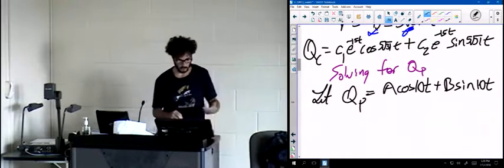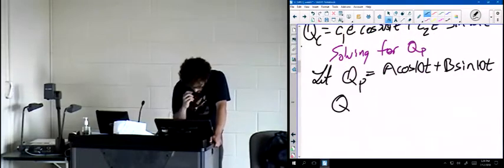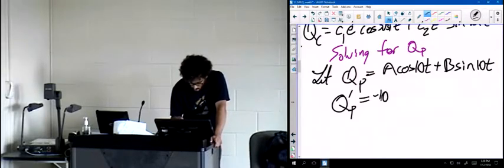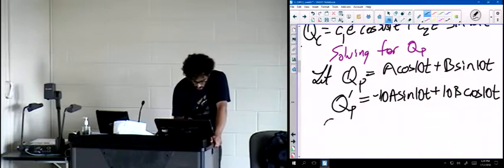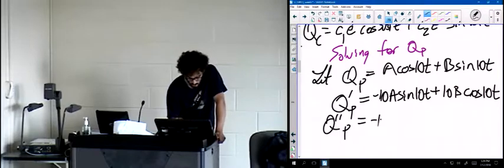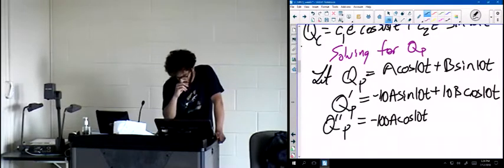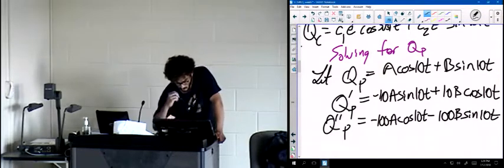Right? And then, just like with the e to the x, the complementary solution, I should say, we take its derivative twice. And that will yield 10a sine 10t plus 10b cosine 10t. The second one is going to be negative 100a cosine 10t minus 100b sine of 10t.